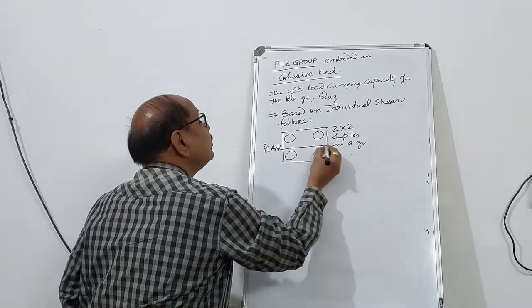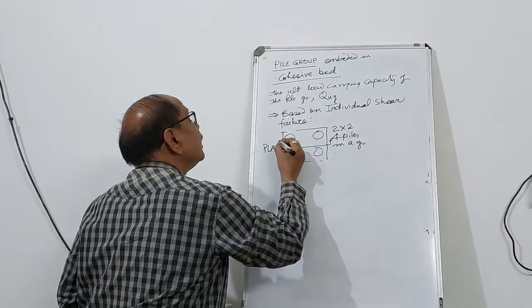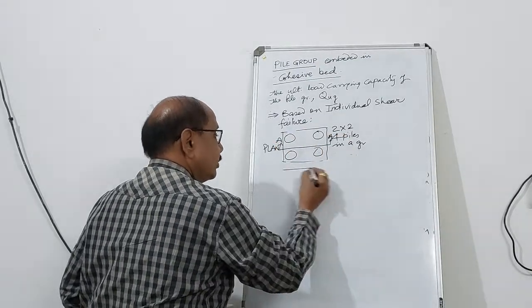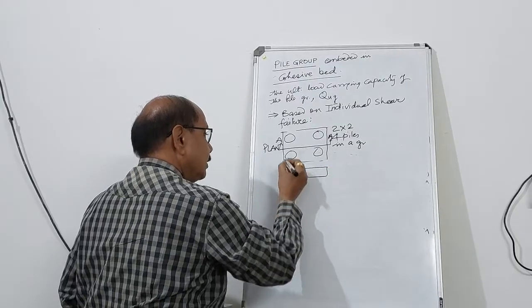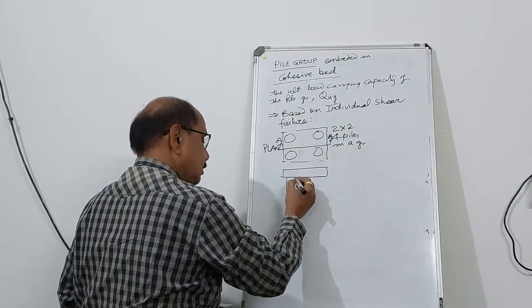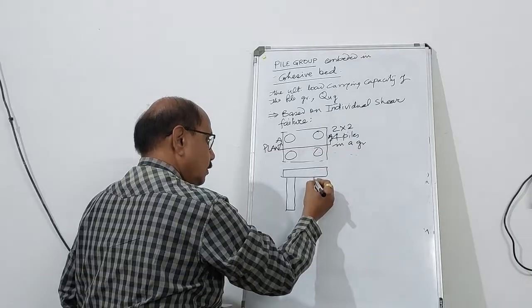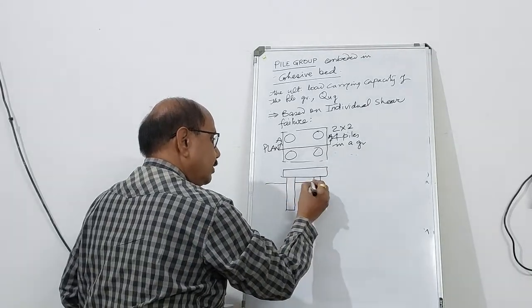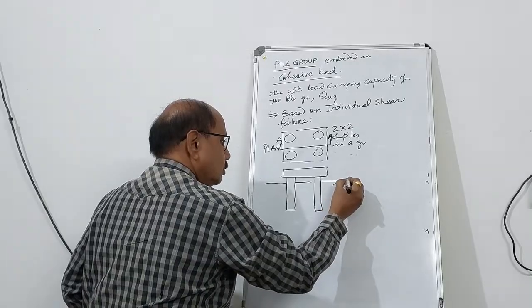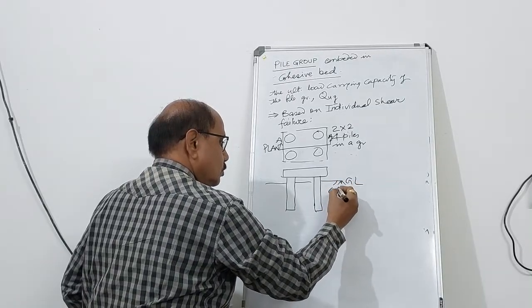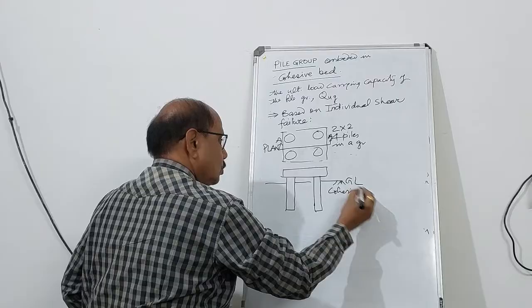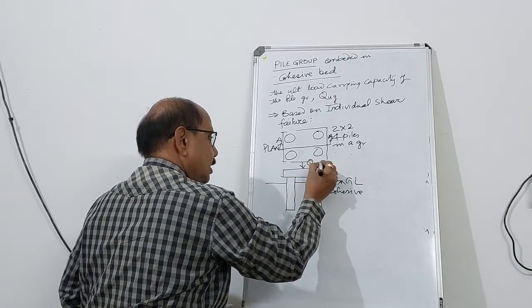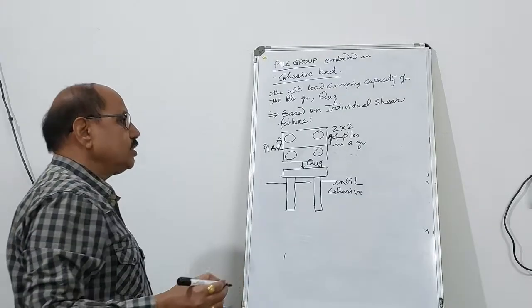If you want to have the sectional view, say we take section A, the sectional view will be like this. This is embedded into the ground. So we want to find out what is the ultimate load carrying capacity of this pile group.